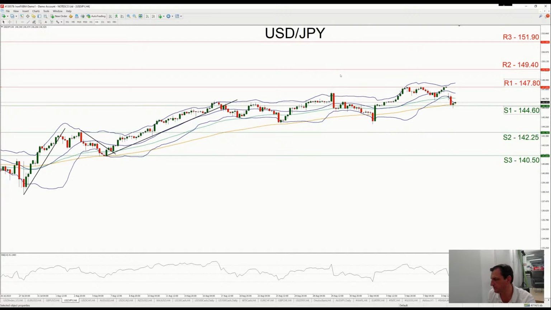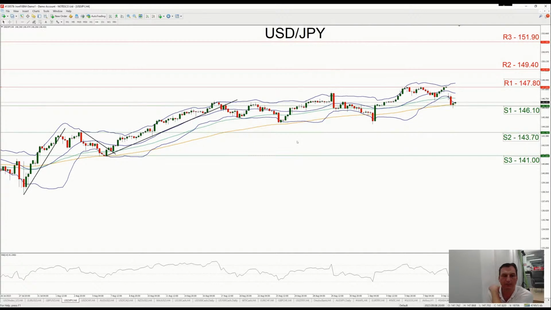The S1 is now being placed at 146.10. It has broken above it. And the S2 at 143.70. Here you go. Sorry for that.